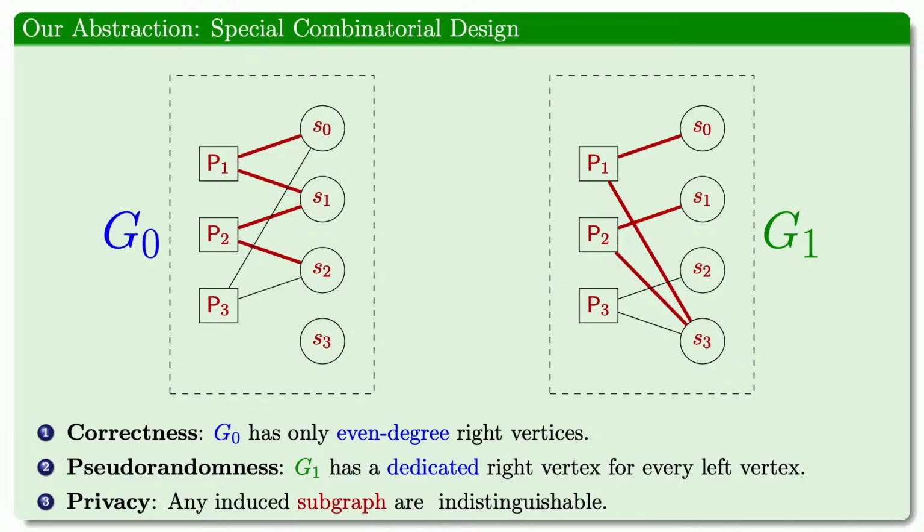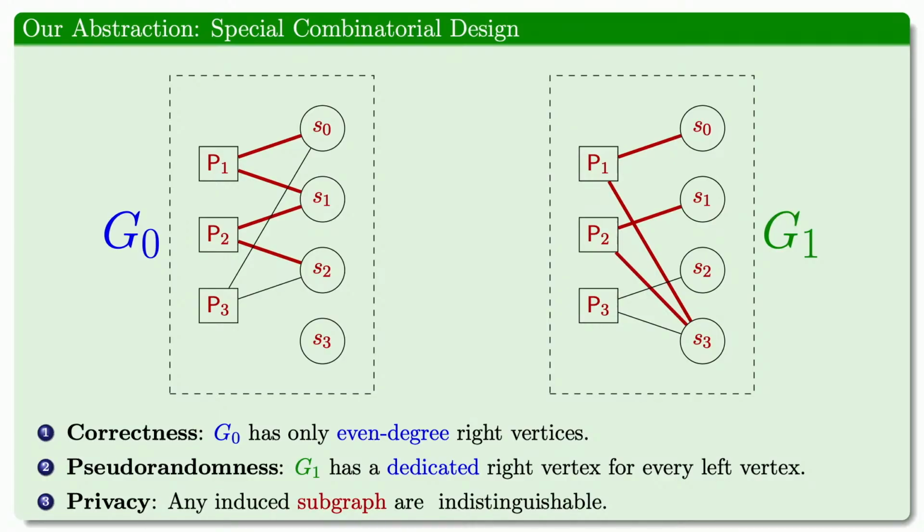To use these 2 bipartite graphs to distribute the seed and get a multi-party DPF, you need the following 3 properties. The first property is that G0, the way you distributed the seed for the non-special chunk, has even degrees. This ensures that they will cancel each other when they expand the seed and add them up. If every seed contributes an even number of times, they will cancel each other.